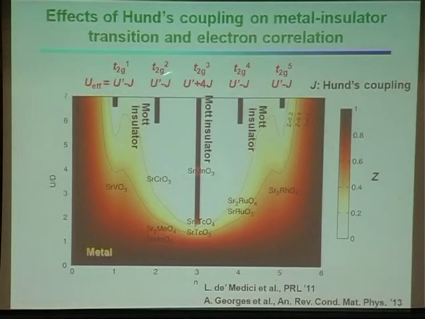But for other configurations, the effective U is U prime minus J. U prime is the Coulomb interaction between different orbitals. And so the correlation gets weaker. So this Mott insulating line shrinks, and the critical point is much below and much above the original U over W equal 1.